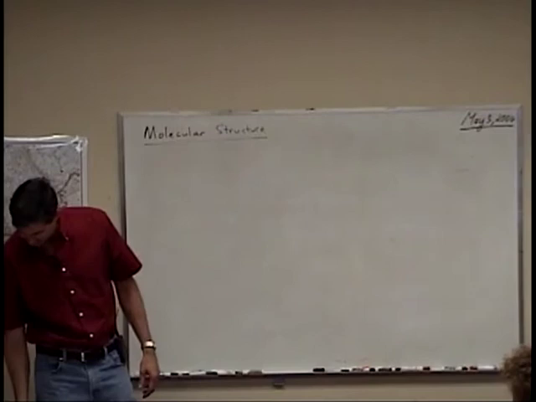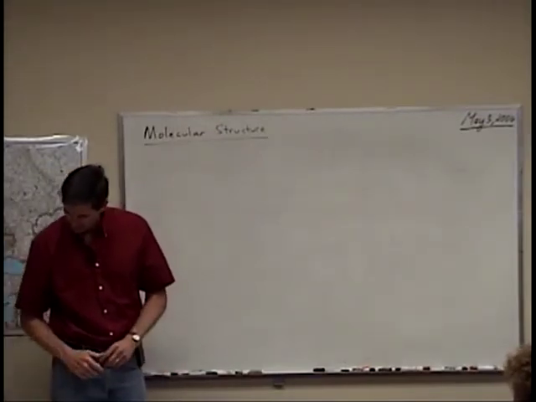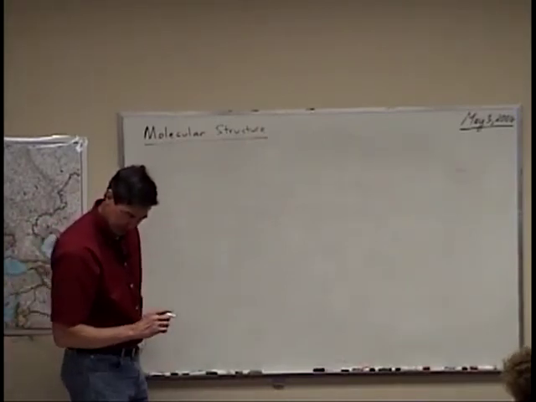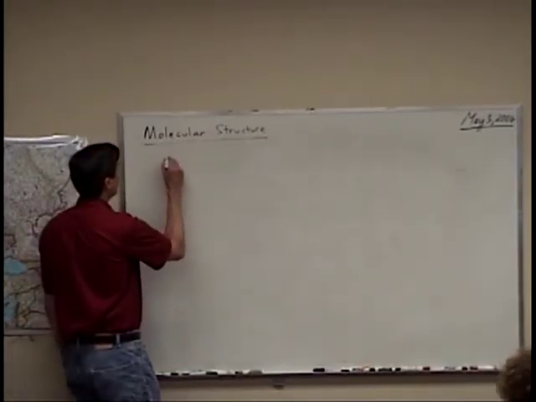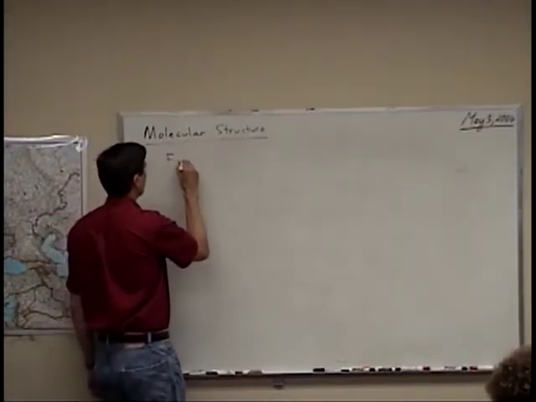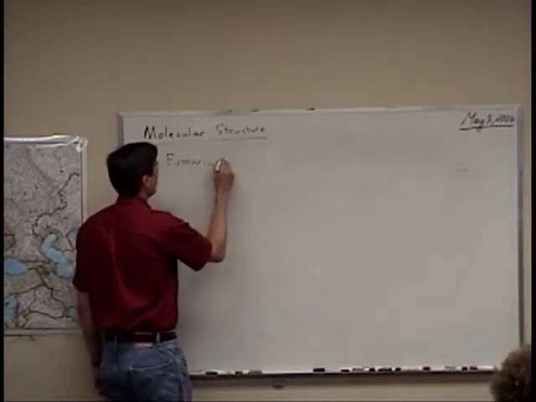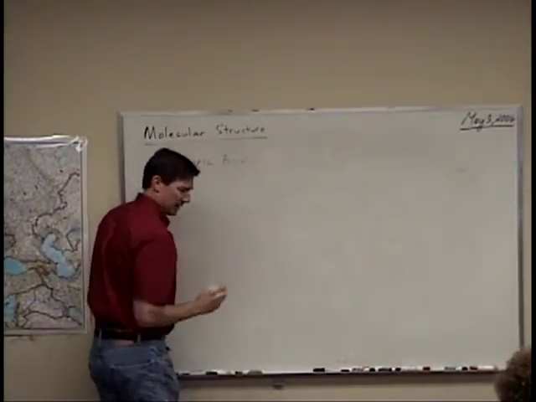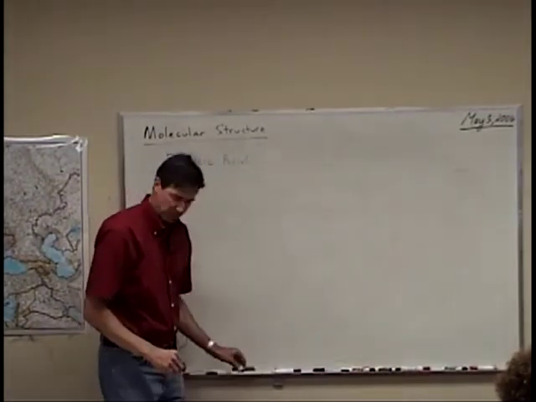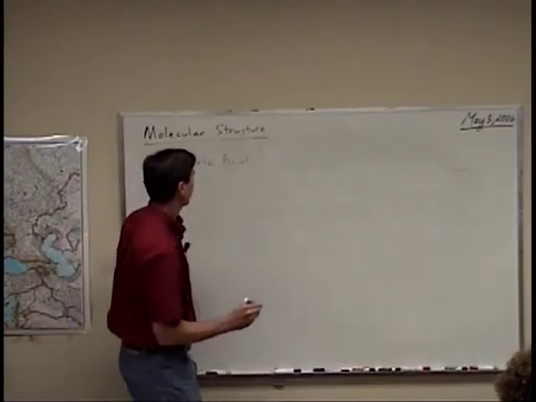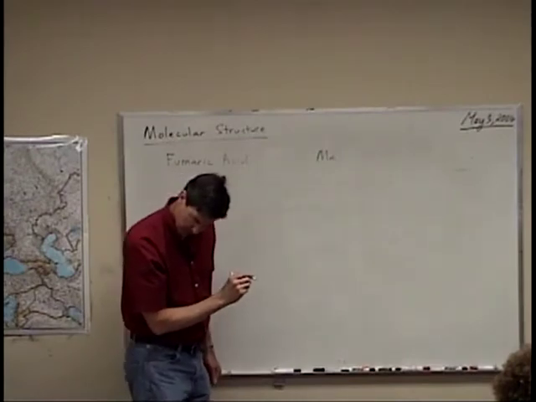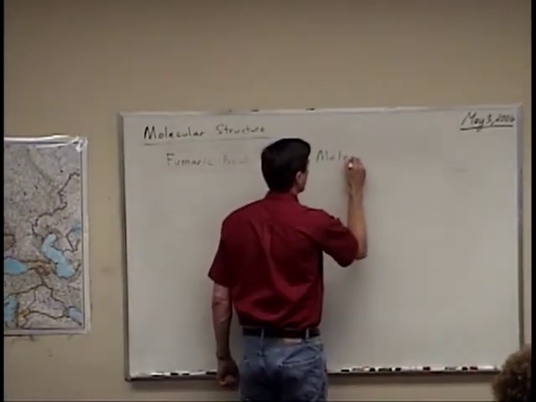Now, let me see. I think I had one other example that I was going to give you. There are two acids, fumaric acid, and let me switch markers here, something called maleic acid. Oh, actually I mispronounced it. This is the way it was written in the book. Maleic acid.